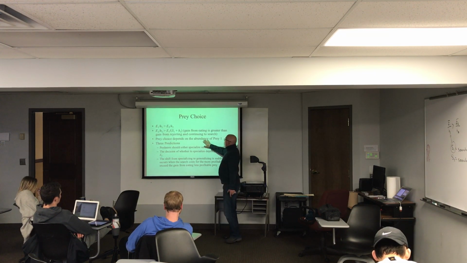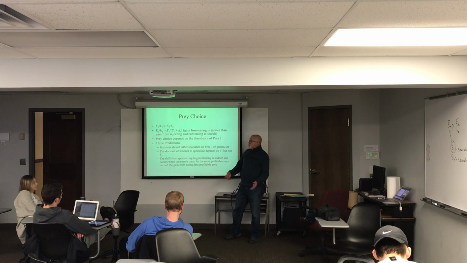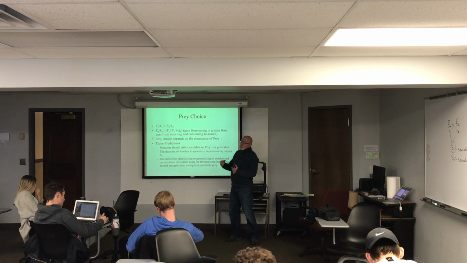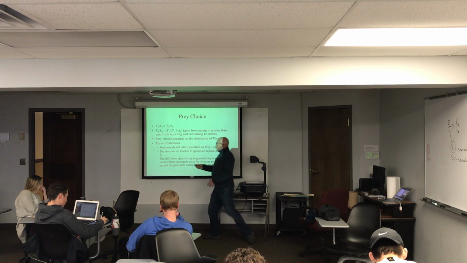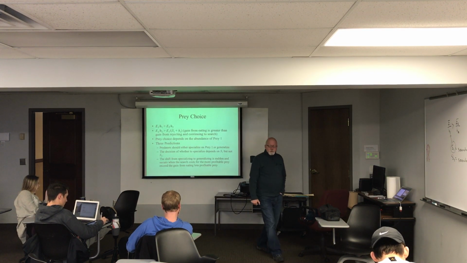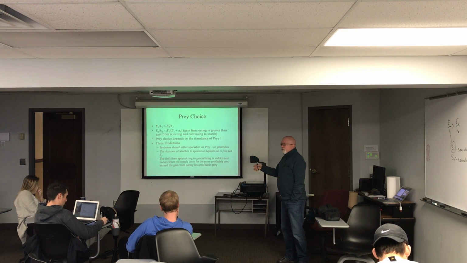Oh, prey choice depends upon the abundance of prey. And so when prey are really abundant, that shifts this thing, because what it does is it affects search in this case.